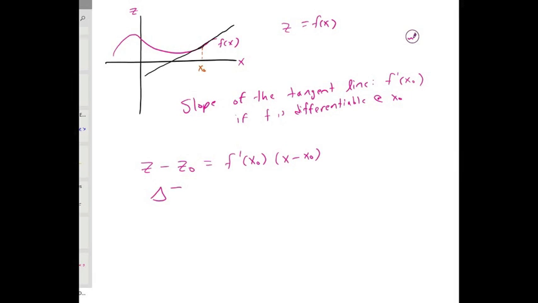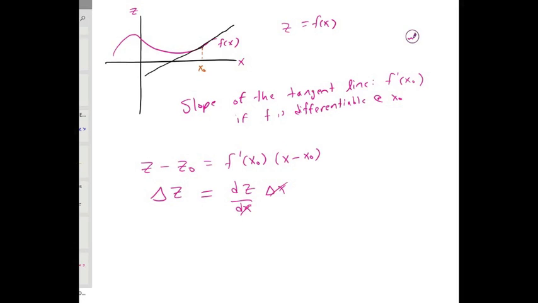We have delta z on this side, if you want to look at it that way, and this is df, or dz over dx. And we have delta x here.